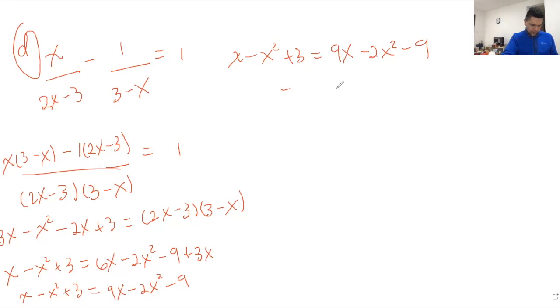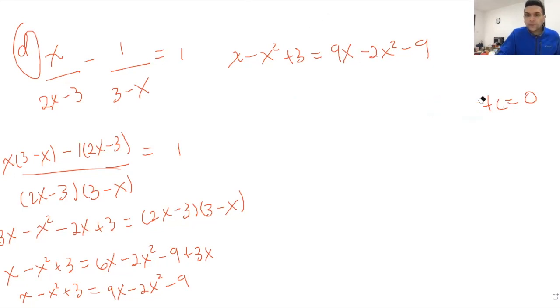This is a quadratic function, so I want to set it equal to 0. So I want to bring all of this to my left-hand side. Yeah, because I want to set it equal to 0, right? So I can solve for x.